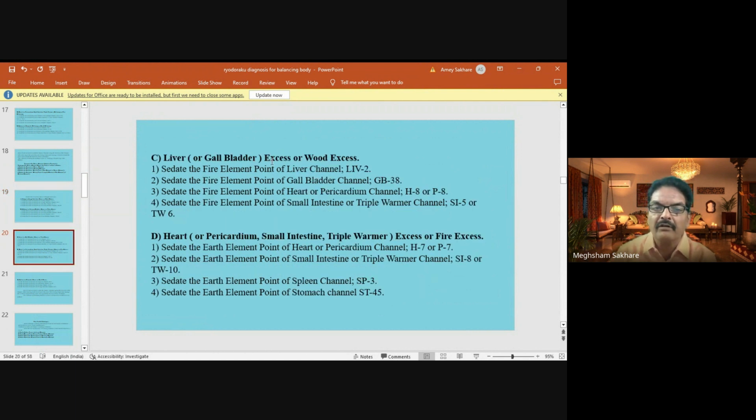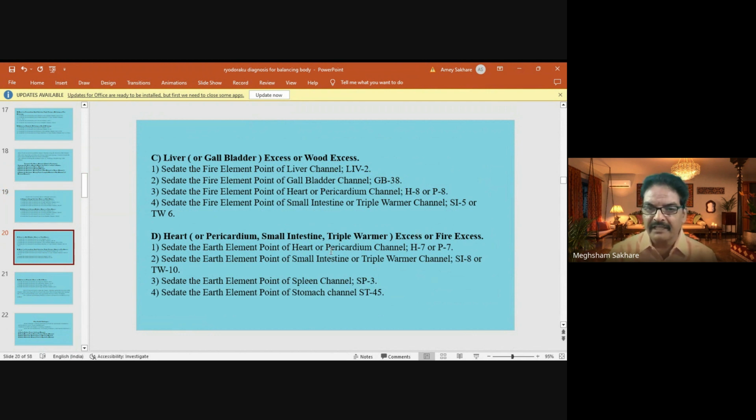Then liver or gallbladder, excess of wood, means the fire element should be sedated. Sedate Liver 2, sedate GB38, sedate H8 or P8, sedate SI5 or TW5. Heart, pericardium, small intestine or triple warmer means fire excess.